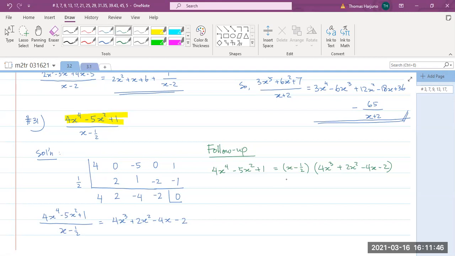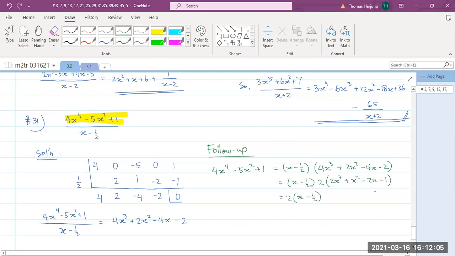I can factor the 2 out, because inside the second factor you have common factor 2. And notice that we can factor this further by grouping.